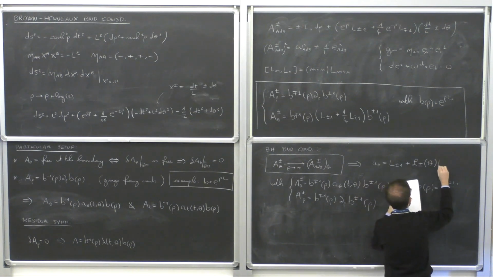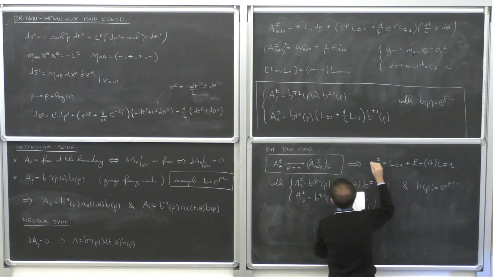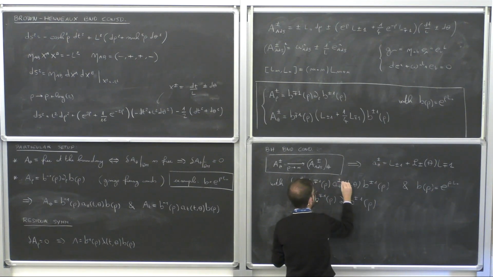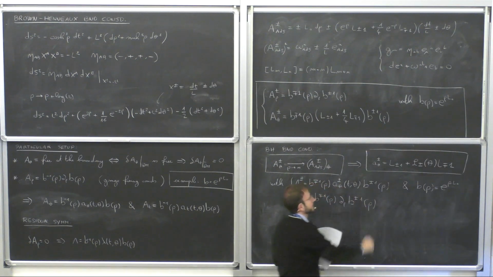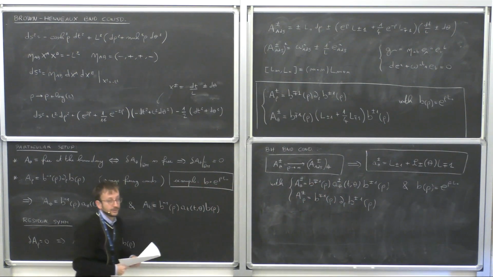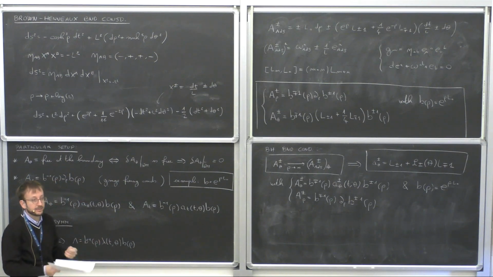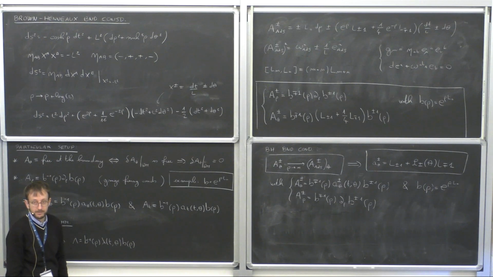on each time slice, the A theta is not arbitrary, but asymptotically must take this particular form.